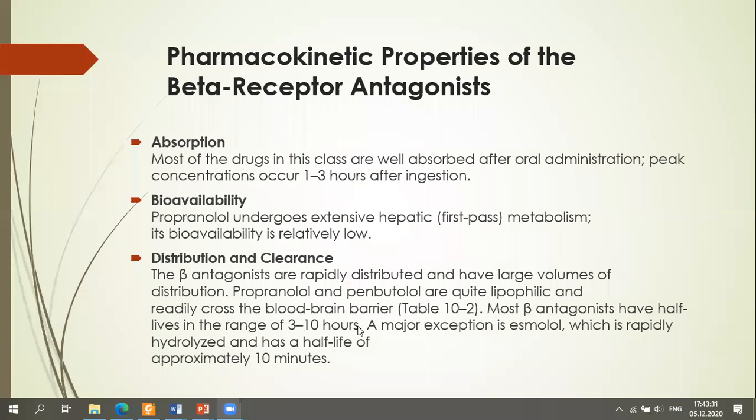So, for example, there are some antagonists which can easily pass through the blood-brain barrier, and they can be used as an antidepressant too. Why do people have depression? Because of very low amounts of norepinephrine and serotonin.